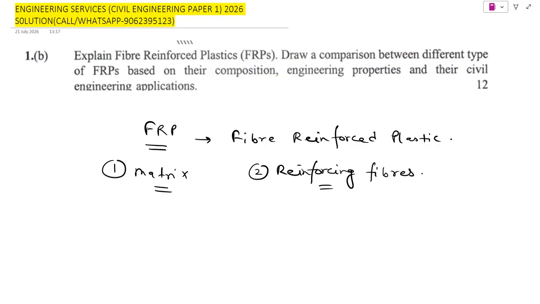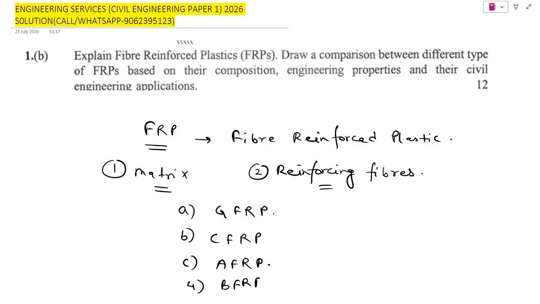Now, there are four types of FRPs. First is GFRP, second is CFRP, third is AFRP, and fourth is BFRP. Now let's compare them. What is the full form of GFRP?